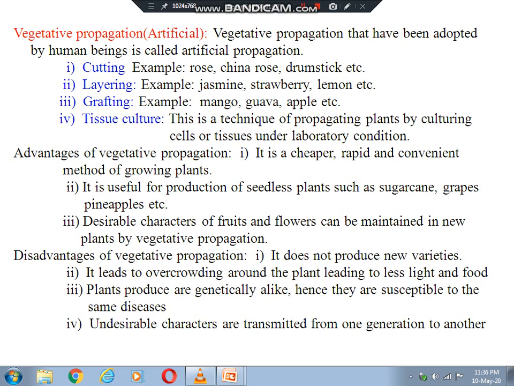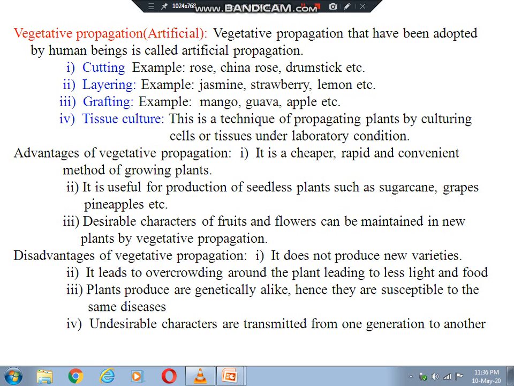And then some growth regulators, that is plant hormones, are to be added with the callus. Then the callus differentiates into plant parts looking like a tiny plant, which is called plantlet.